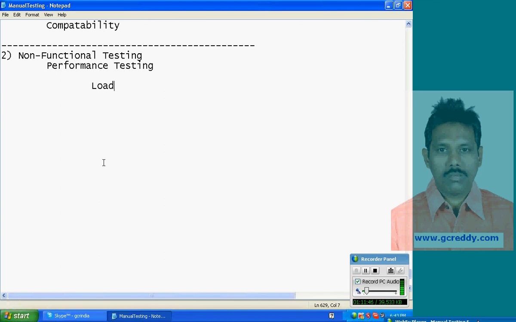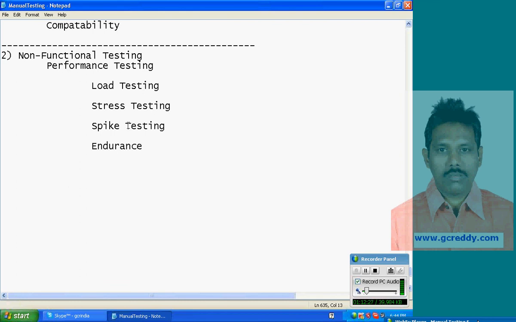Subsets. All are flavors of performance testing: load testing, stress testing, spike testing, endurance testing.